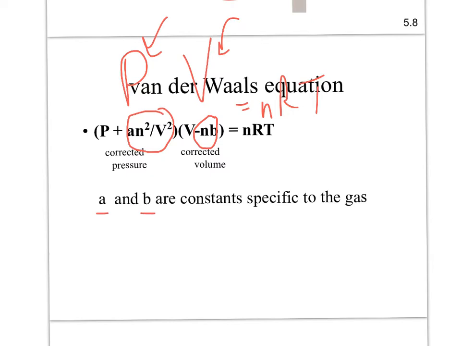Notice that a inside these parentheses is something that corrects P, the pressure. If it's not an ideal gas, the experimental pressure, or the pressure in reality, is not going to match the pressure P you get out of PV = nRT if you do a calculation. This corrects the calculation.